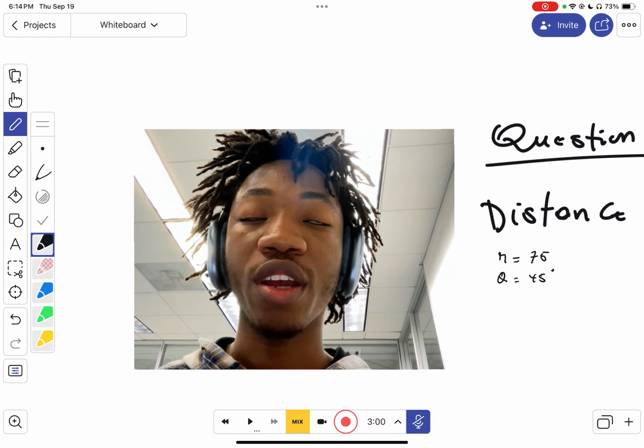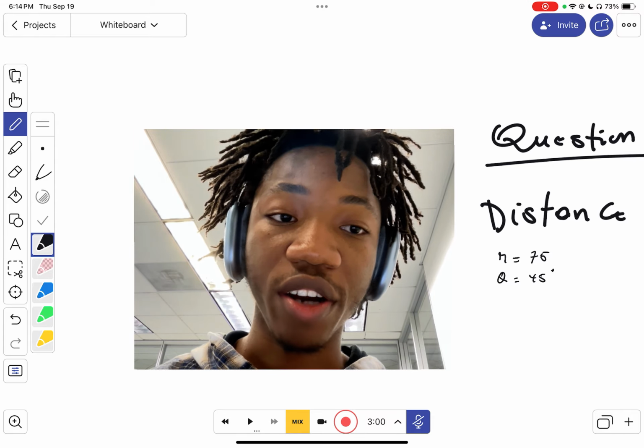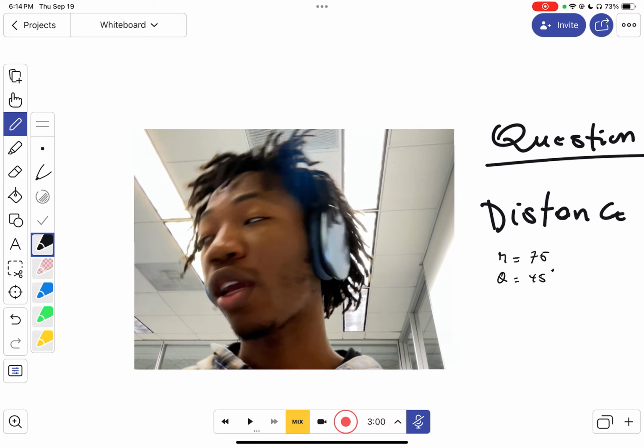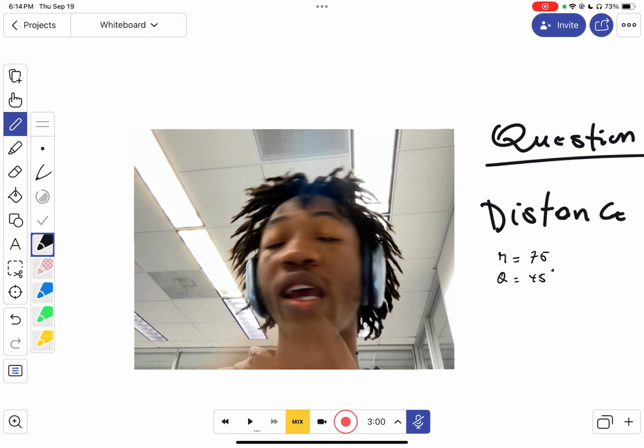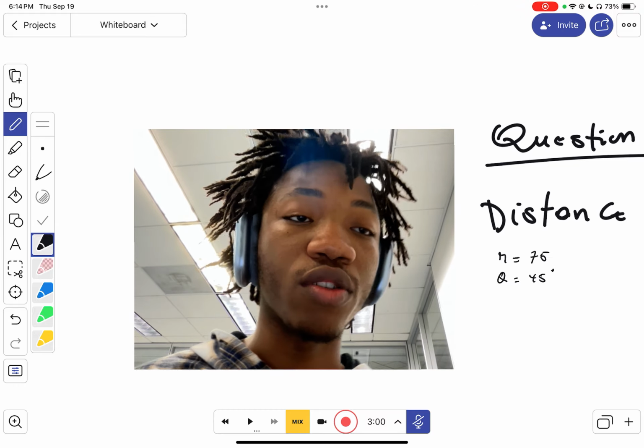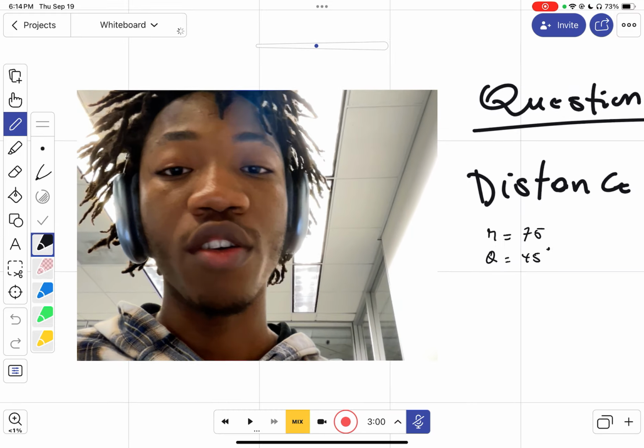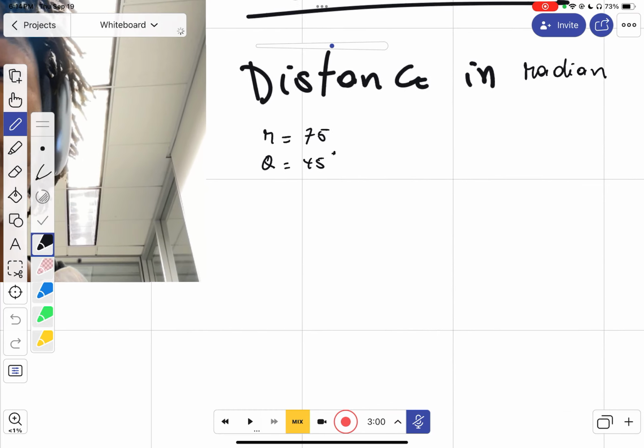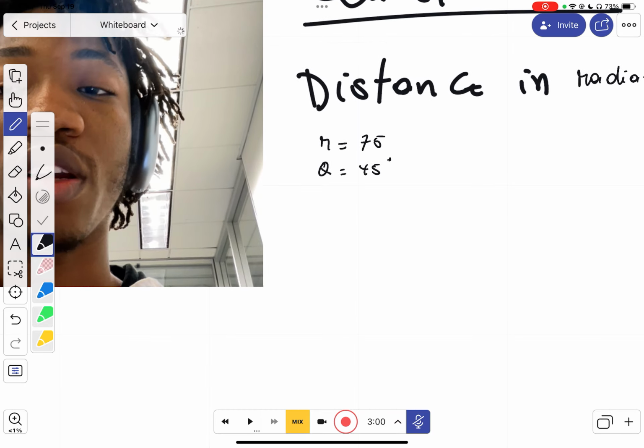But one thing that we're also going to do is simplify the fraction that we're going to have from step one, because they also ask us to simplify it. And then we'll divide to get the final decimal number. So you're going to start with step one. Step one is to convert the 45 degrees to radians.